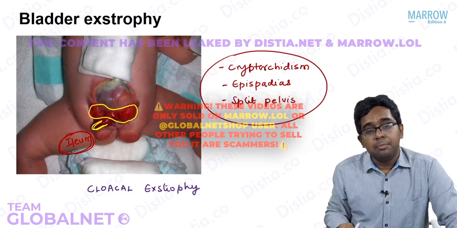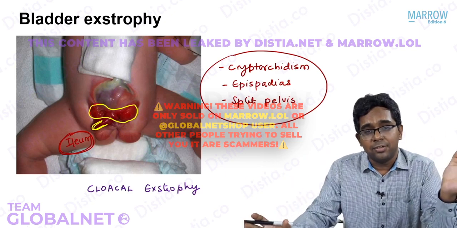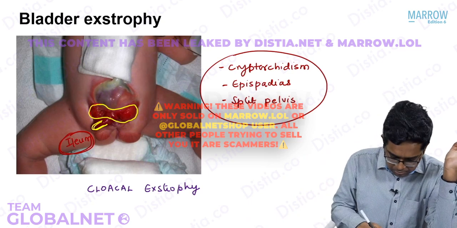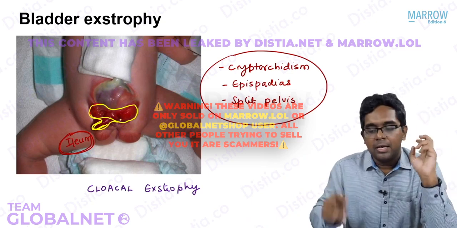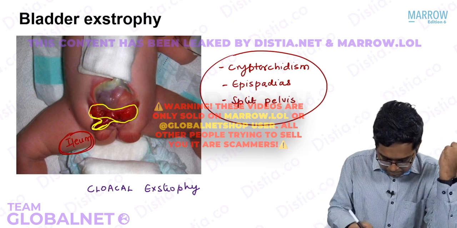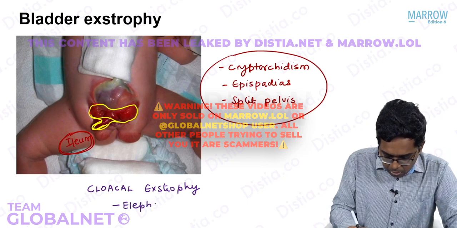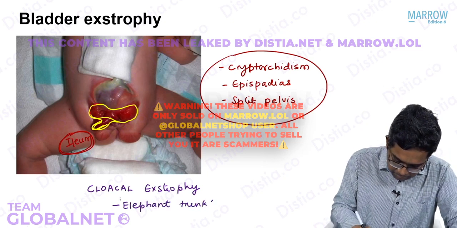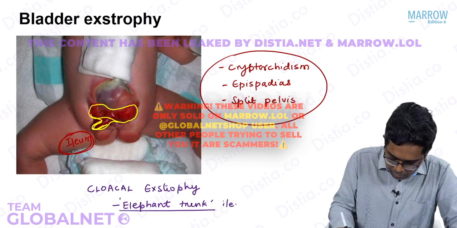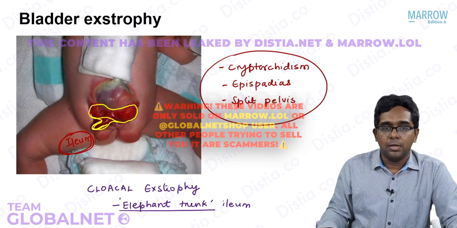It looks like that of an elephant trunk. Can you notice this shape which looks like the elephant trunk? So it is also called elephant trunk ileum. That's a classical name associated with cloacal extrophy. Those are the important features of bladder extrophy and cloacal extrophy.